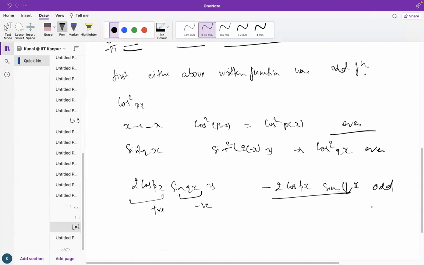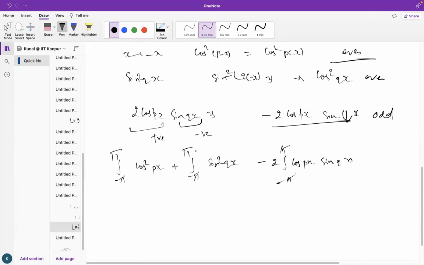So we can write it as integral from minus pi to pi of cos square px plus integral from minus pi to pi of sine square qx minus integral of 2 cos px sine qx from minus pi to pi. And when we integrate this, we get 0 because this is an odd function, right? So this gets to 0.